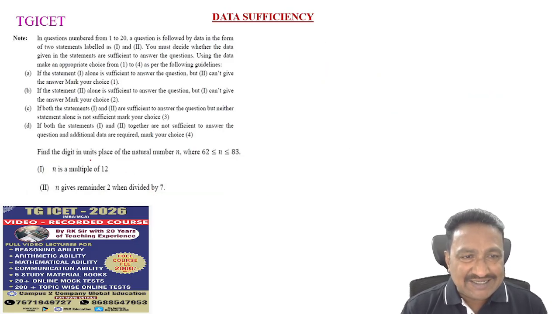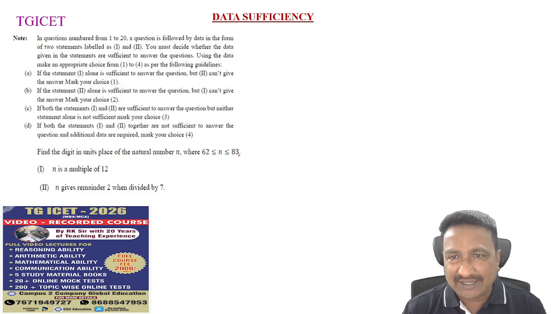Find the digit in the units place of the natural number n, where 62 is less than or equal to n, which is less than or equal to 83. So here they gave the condition that n lies between 62 and 83. That means what numbers can n be? Less than or equal is there, so 62 is included and 83 is also included.